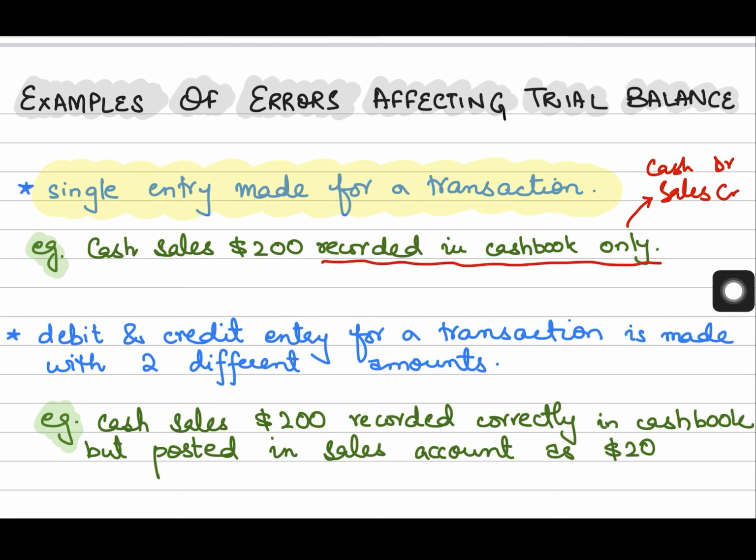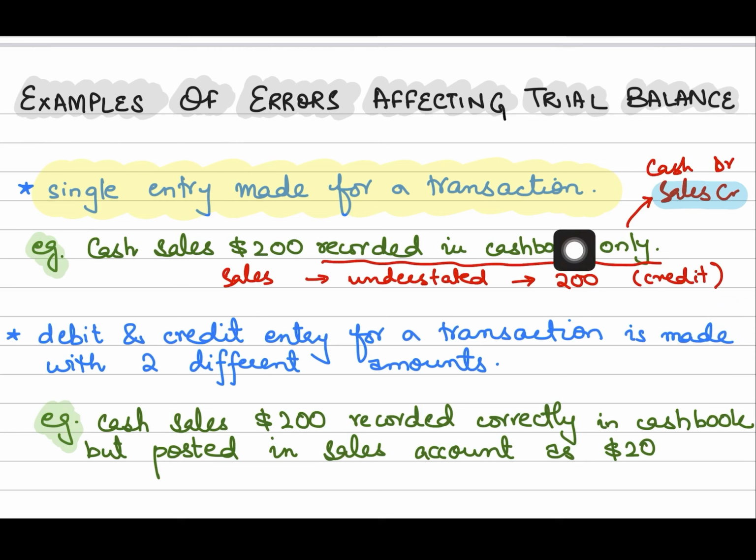This means that the credit part of the double entry is not made. So because of that, your sales will be understated by 200. This means that your credit side will be understated by 200. So this error will be revealed by the trial balance as just a single entry is made for the transaction.